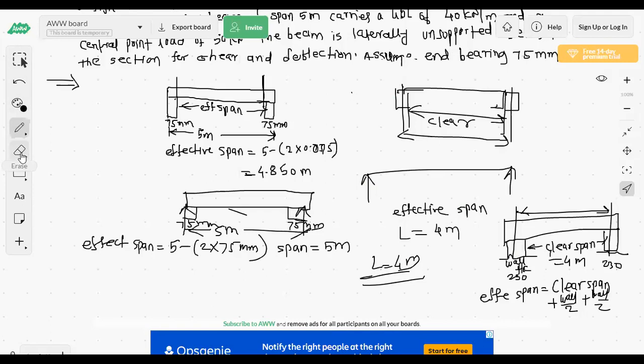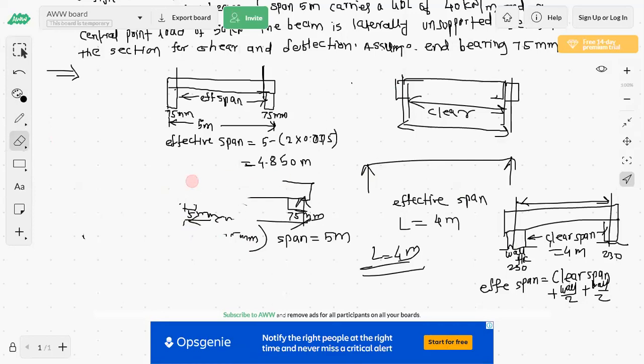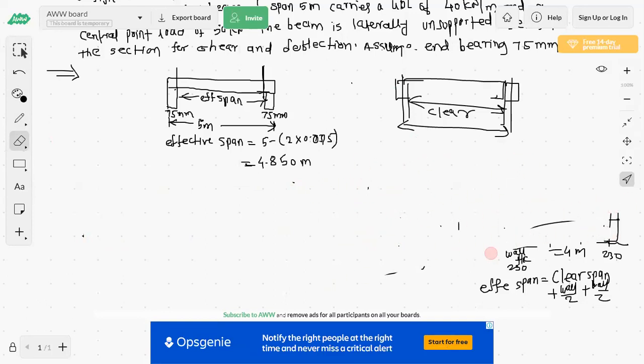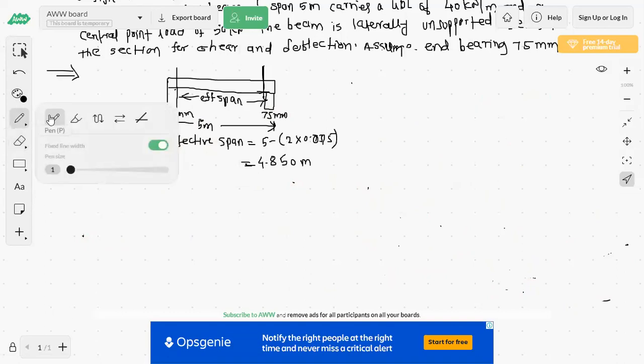Okay, so we will continue now. Now follow the procedure.